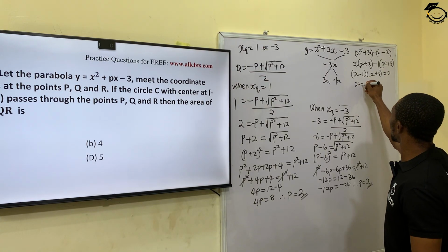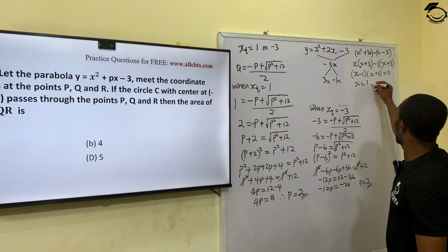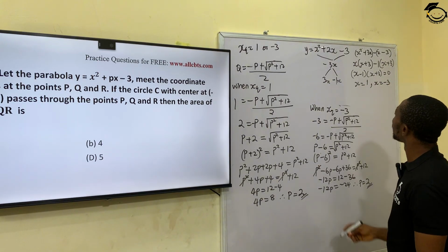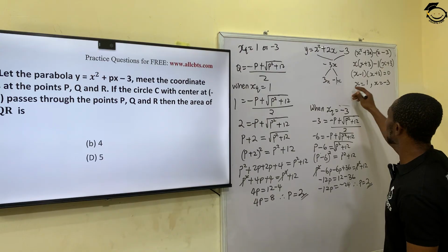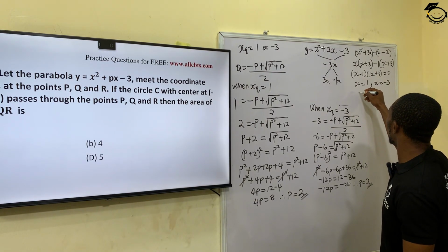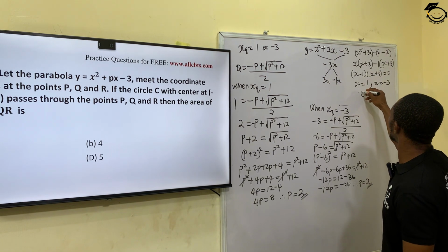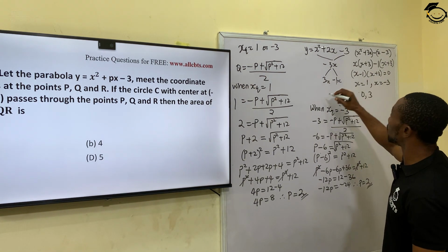So x equals 1 and x equals minus 3. So from here, we can see that our values will become 0 and y minus 3.